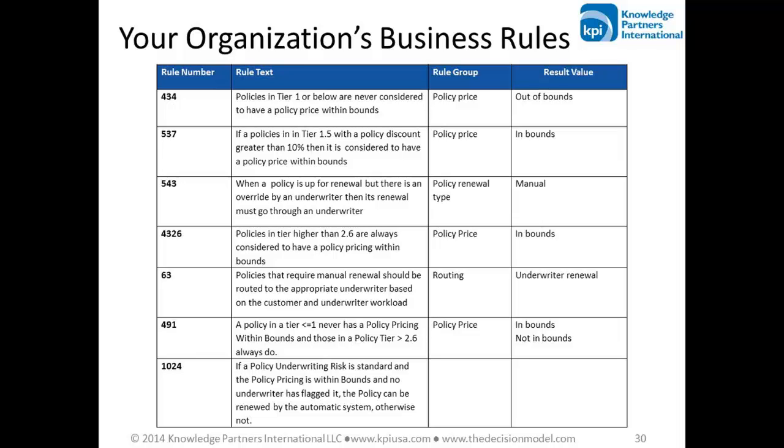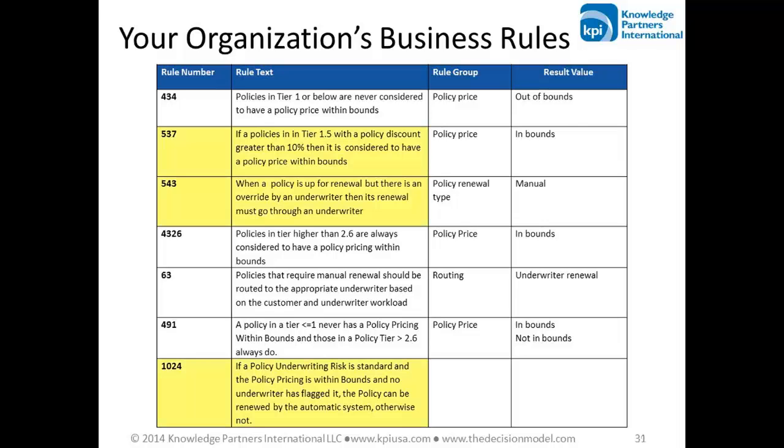This business rule spreadsheet contains a rule number, a rule text that isn't even in special grammar, but that's okay if it's understandable. It has a rule group. We're going to group them into different groups, and it has the result produced by each rule. And we have introduced some inconsistencies or suboptimal practices. And you might do the same.